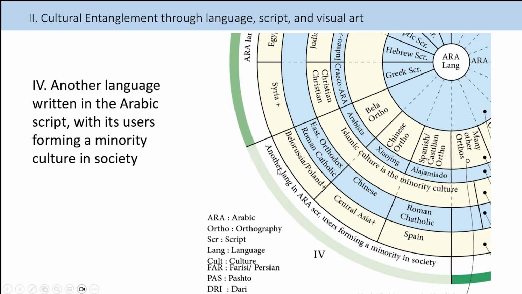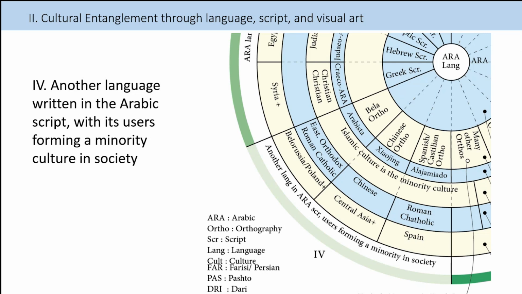The fourth one is where another language is written in Arabic script, where the users form a minority culture in the society. We see this in Spain, when the Arabs left, the Mudejar and later the Moriscos adopted Aljamiado, which is writing Spanish in Arabic letters.